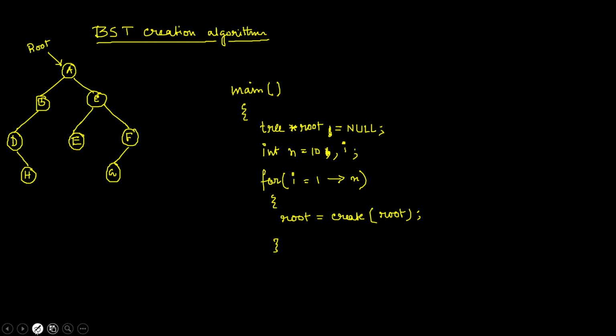So you can think there is no connection right now. The other part is the existing tree.